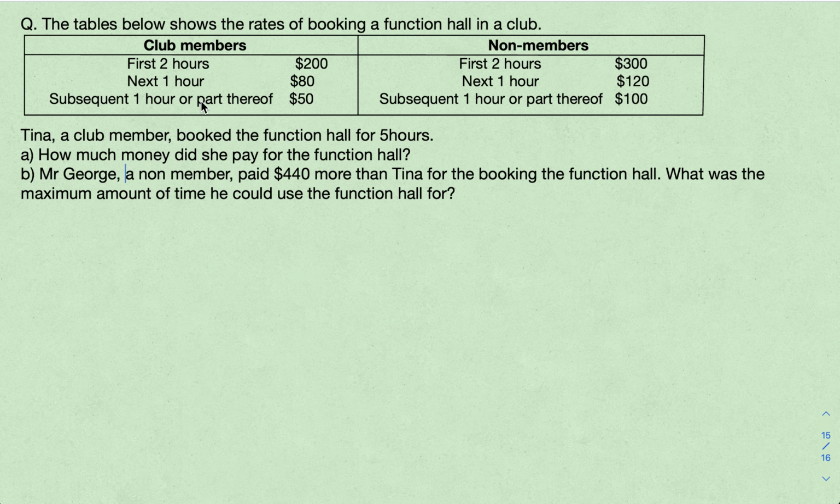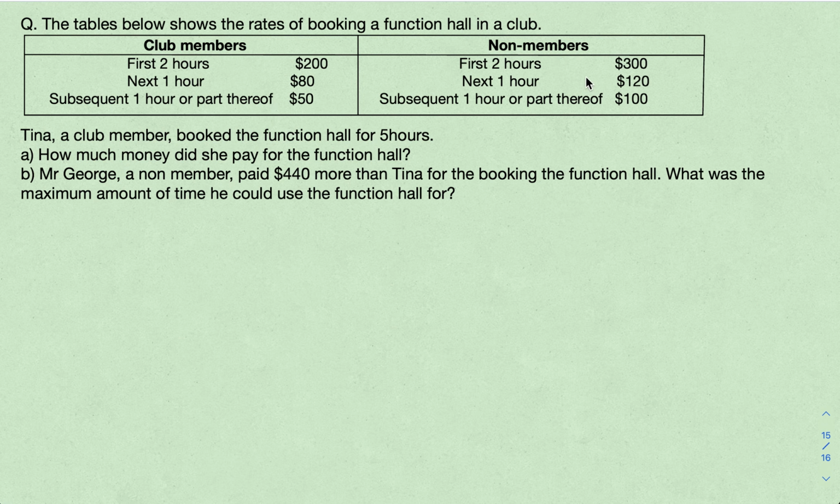That means on top of 2 hours, if someone needs it for 3 hours, let's say, it will be 200 plus 80. And if someone needs it even more, then after 3 hours, every hour the charge is $50. So it is subsequent 1 hour or part thereof, or any part of 1 hour. It can be as low as 15 minutes, 5 minutes, 30 minutes, whatsoever.